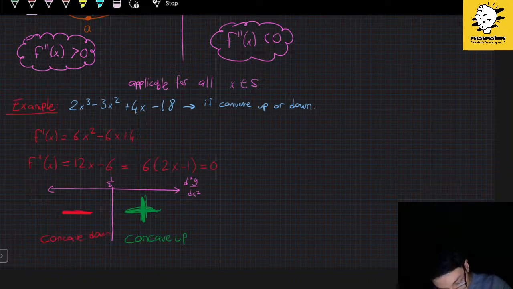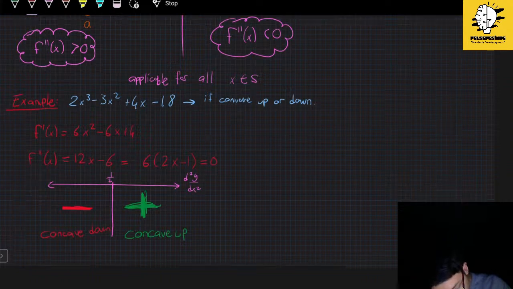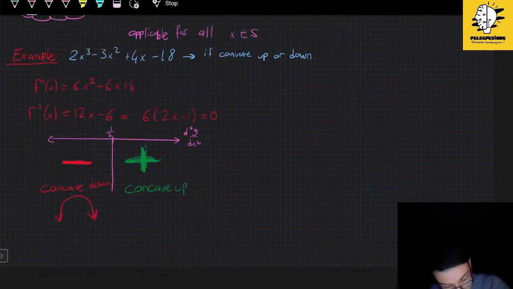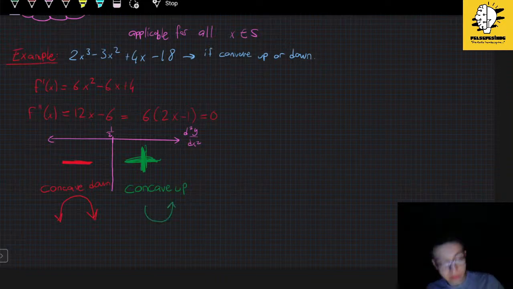What does it mean? Concave down looks something like this, and concave up looks something like this. And again, do you remember, they don't have to be complete.